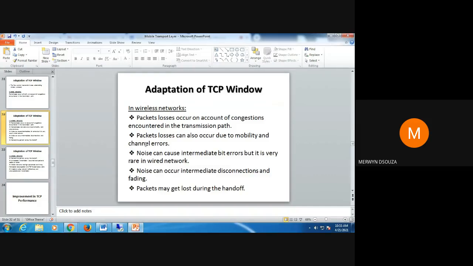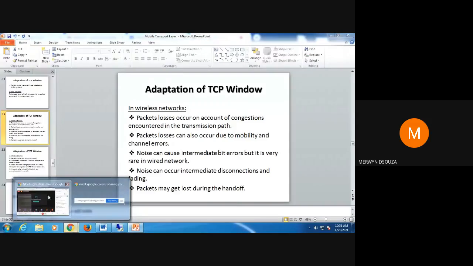You cannot simply start the congestion control methods if a packet has been lost due to noise, or if you have got disconnected from the network. If you are simply disconnected from the network, we cannot start with congestion control methods. Is it clear what I'm trying to tell you? That is what happens in a wireless network, the reasons for loss of packets.